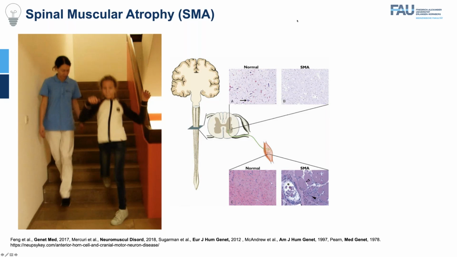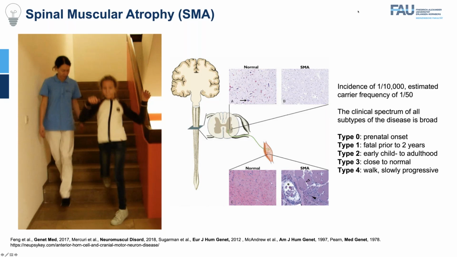However, this disease is also to some degree very frequent. It's 1 in 10,000 incidence, and we have carrier frequencies in some groups of 1 in 50. But the spectrum of the disease can be very, very broad. We have a prenatal onset, but we can also have a very late onset where the symptoms are very hard to discover and the diagnosis is not that clear.